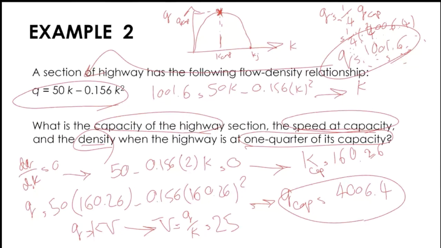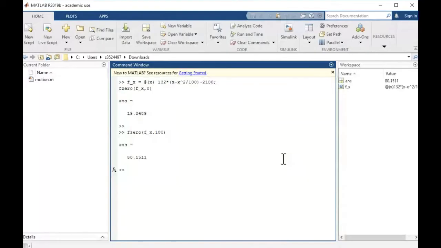If I find the root of this equation, I'll get the K that I need. And again, I will get two Ks, right? I will get two values for density, because this would be the 1001.6, so I would get one density here and one density here. So let's do that also in MATLAB again. To find the root of this equation, I say fx is equal to at sign x, which is defining the variable in my equation.